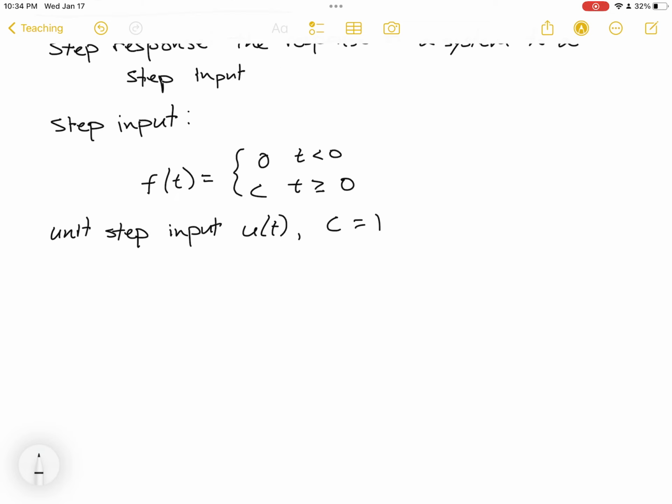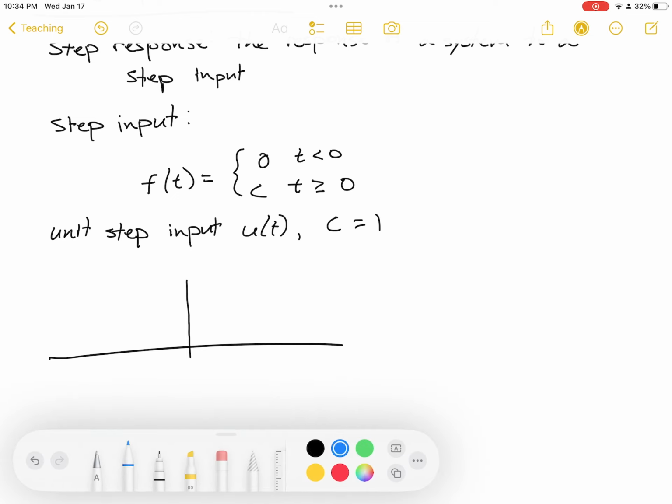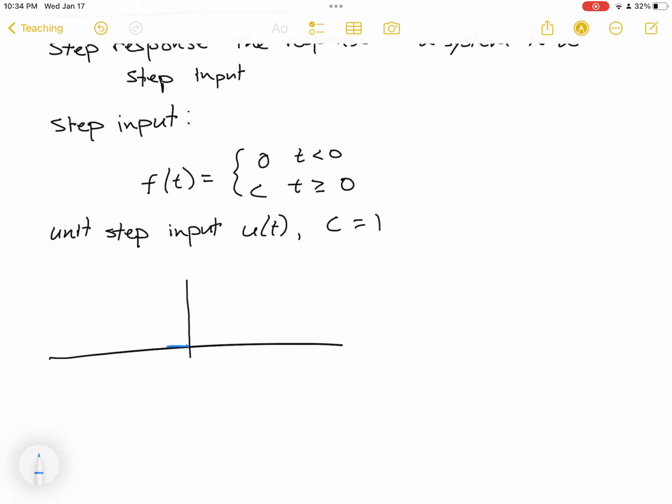So if we're going to draw this input on a plot, it would look like this, where for all time less than 0, the input is 0, and then at time t equals 0, we immediately go up to some constant non-zero input.